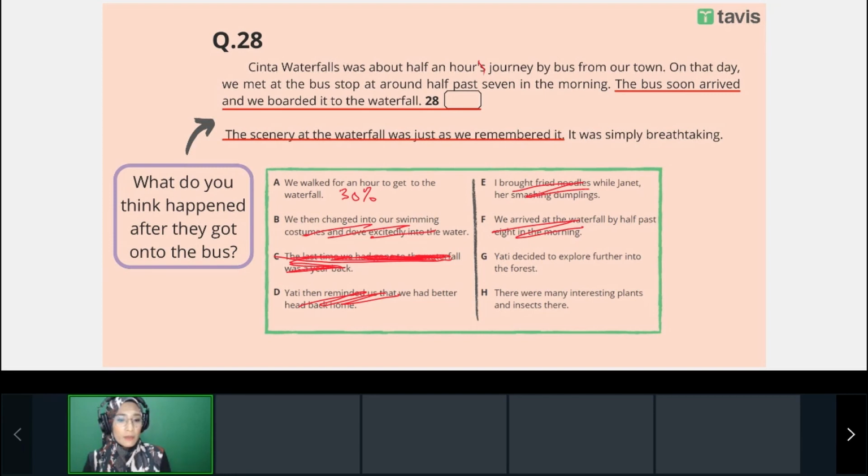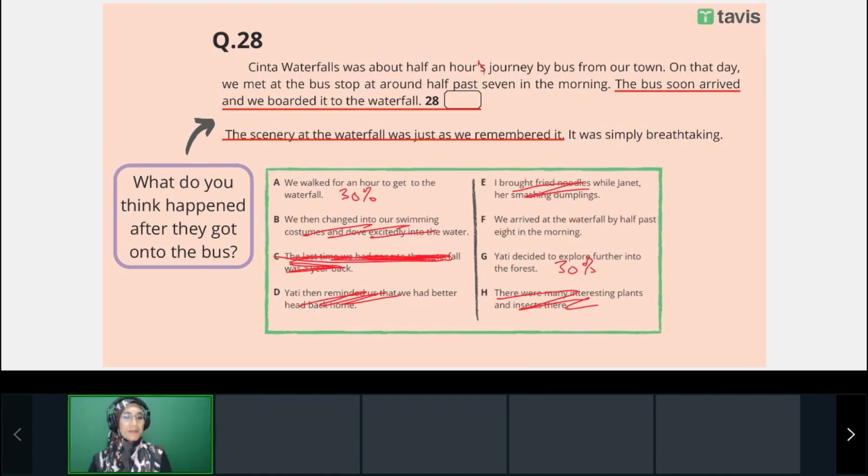Is it a higher maybe or lower maybe? I would put it as 30% too. No, H. There were many interesting plants and insects there. No. So we are now left with A and G. But do you think it is this one, or this one?